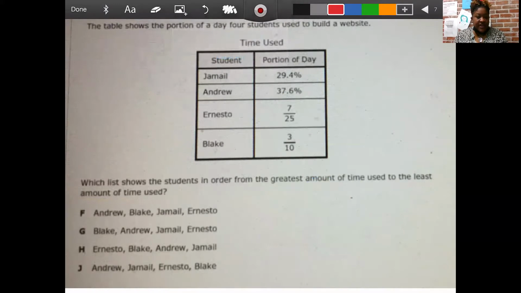Now I'm going to show you the other way if you wanted to convert these all to decimals. So if you have 29.4%, remember you divide by 100, which is the same thing as moving the decimal 2 places to the left.